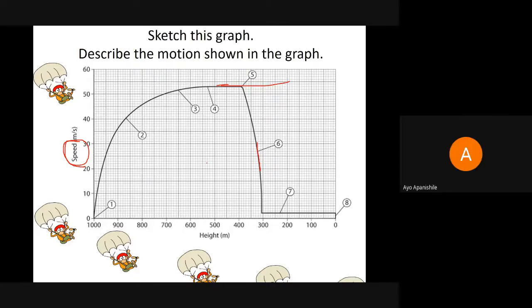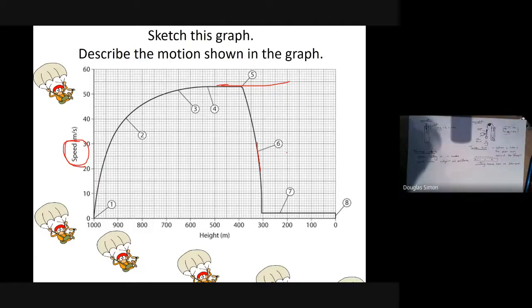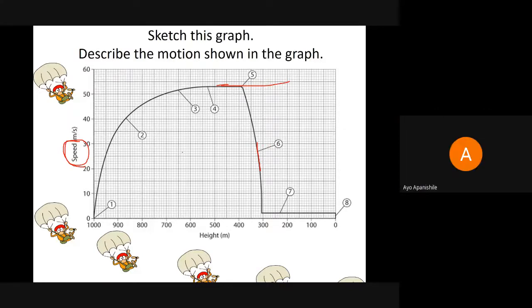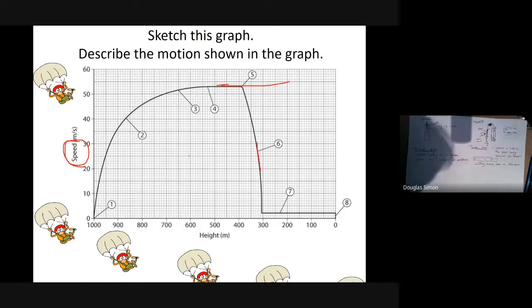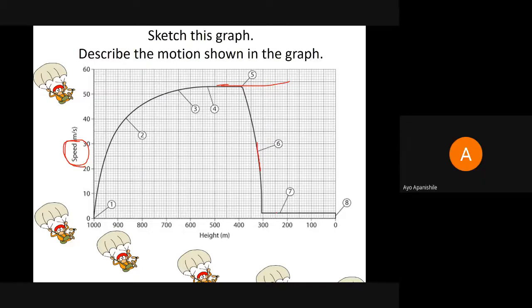All right, at 6, what's the acceleration at 6? There's a lot of acceleration. Correct. Would you want to add any extra detail? If you compare the acceleration at 6, it's in the other direction. Good, so that would mean that the direction has changed.